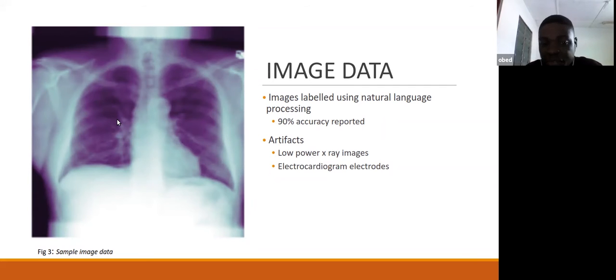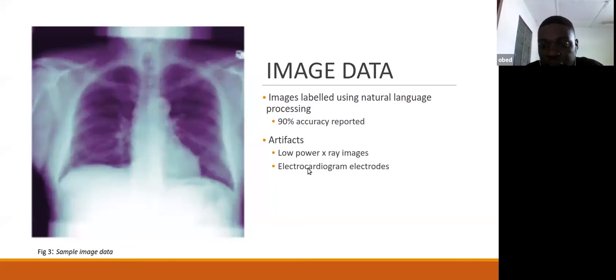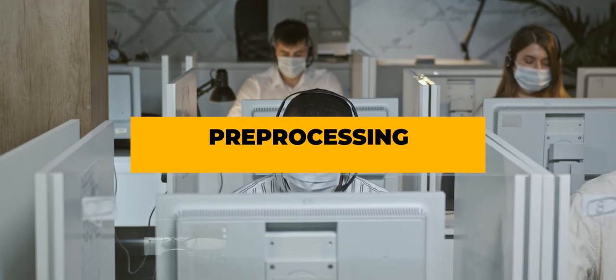So I identified a number of such images as well. But I decided not to exclude those because I would want the model to generalize well enough. And of course, in the first example, we saw the electrocardiogram electrodes. That's an example of some of the artifacts that were in the images.